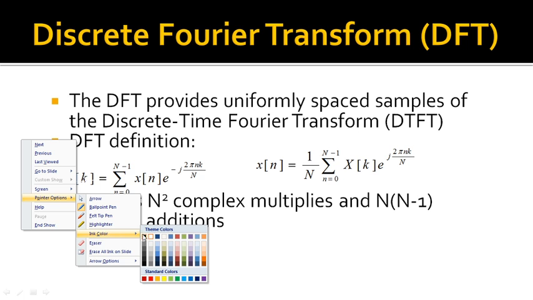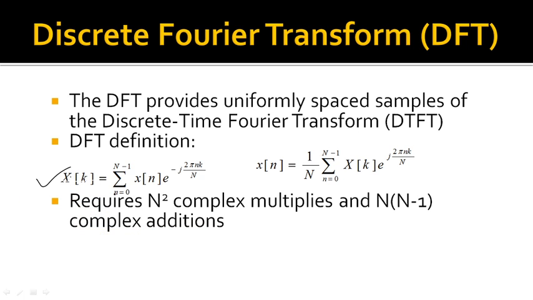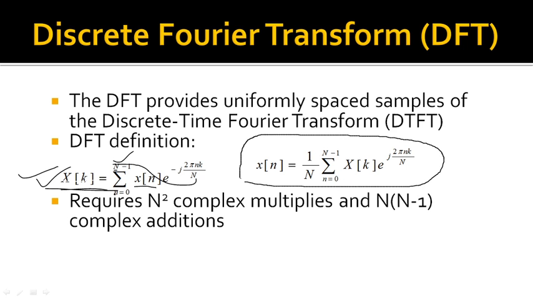We have X of k equal to the summation from small n equal to 0 to N minus 1, where N is the length of the sequence, how many points we are calculating: 8 point, 4 point, 16, 128, 256, whatever. x of n is my sequence, multiplied by e raised to minus j 2 pi n k divided by capital N. If I want to go to the frequency domain, I have to use this formula, and for the inverse DFT, I have to use this other formula.